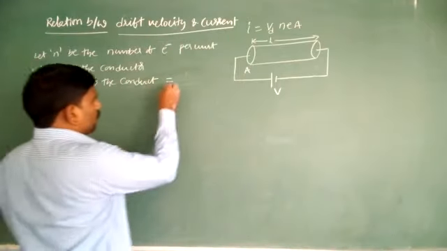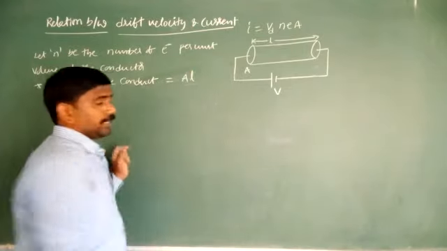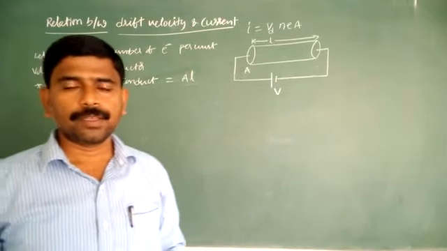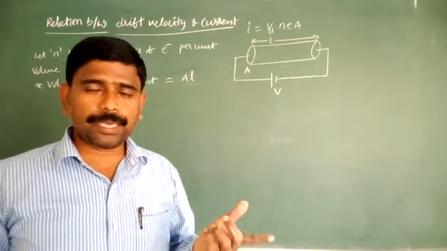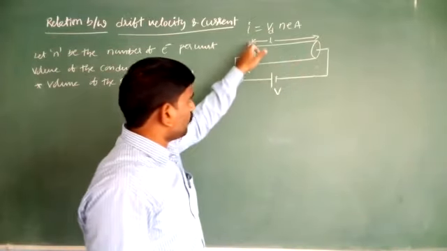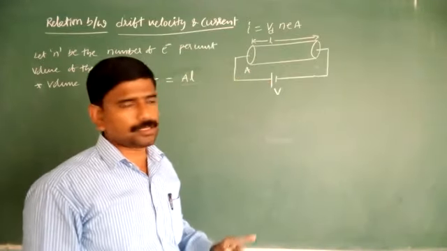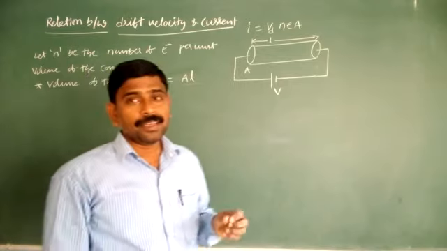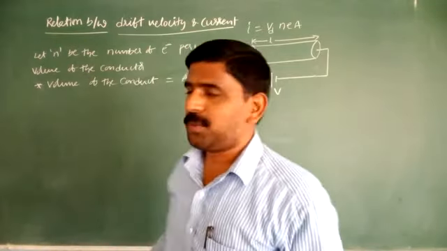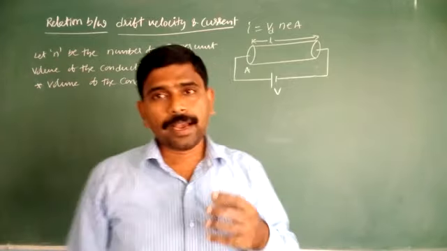Therefore, the volume of the conductor is equal to A into L. Length is L and area of cross section is A, so the volume of the total conductor is A into L. Here the number of electrons per unit volume is n.